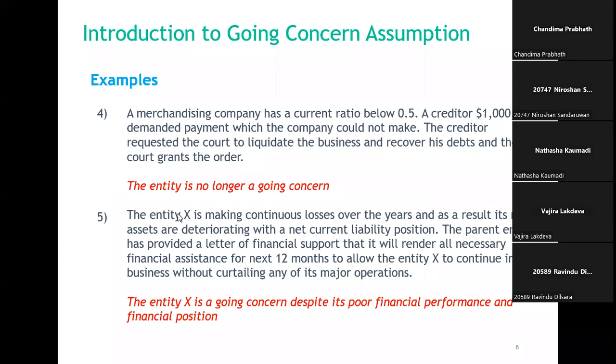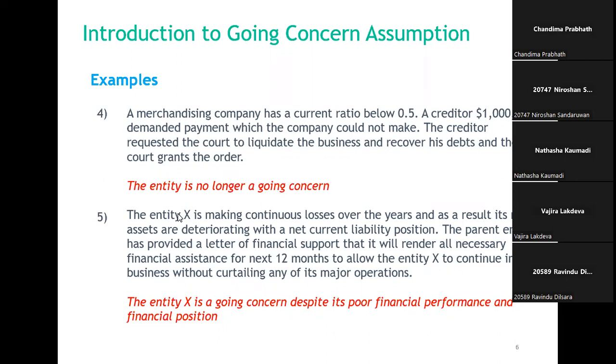Right? Now the fifth one, the entity is making continuous losses or persistent losses. As an example, Ceylon Petroleum Corporation or Ceylon Electricity Board. Over the years, as a result, its net assets are deteriorating with a net current liability position. When you have persistent losses, what happens? You end up with accumulated losses.